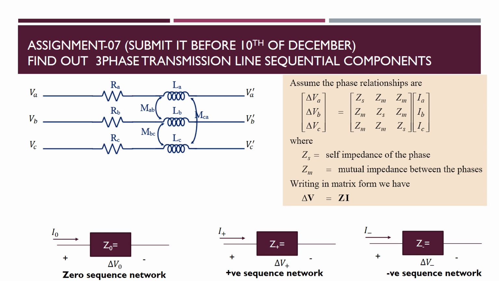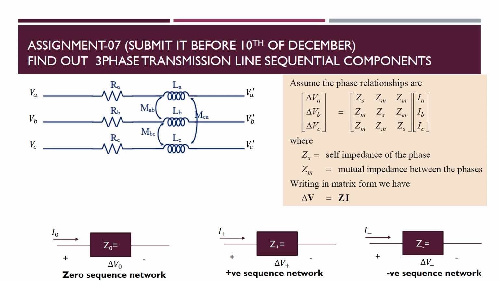It is actually a balanced load, balanced line system. So you may calculate the sequence impedance using the techniques we studied, and you can write Z0, Z plus, and Z minus as here. Z0 is equal to Zs minus 2 Zm, Z plus is equal to Zs, and Z minus is also Zs, it seems.